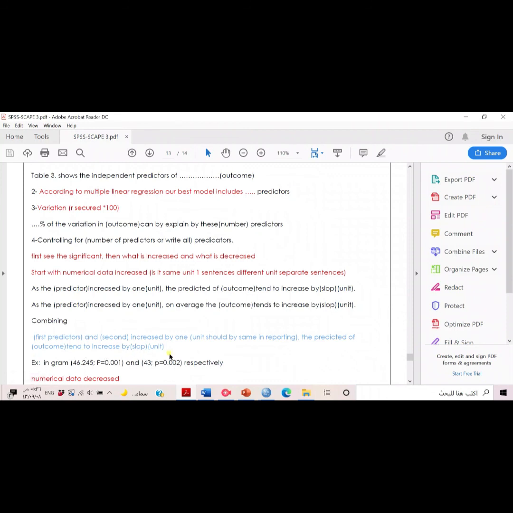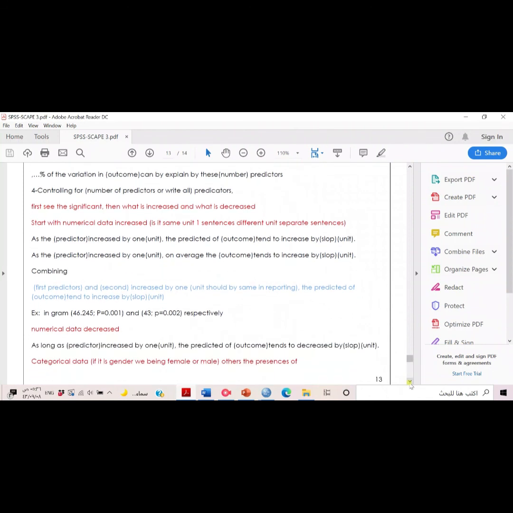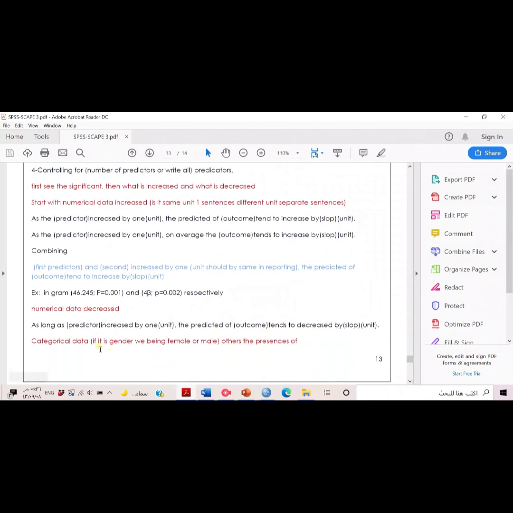The predicted outcome tends to increase by slope unit. I can say it like this: gram, I will mention the value of the slope and p value, and let's say 43, the value of the slope and the p value for the second predictor respectively, just to combine.